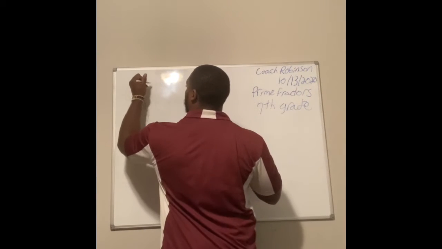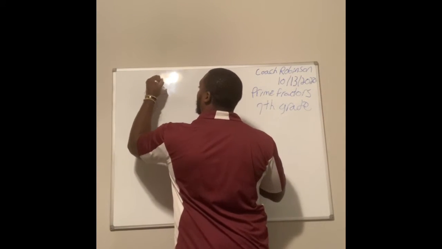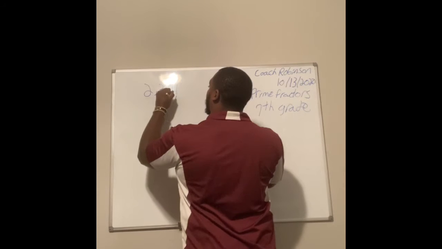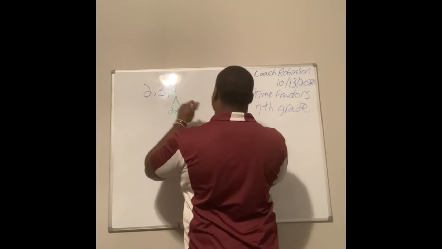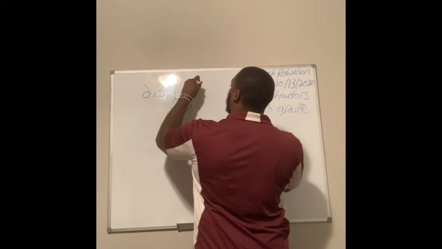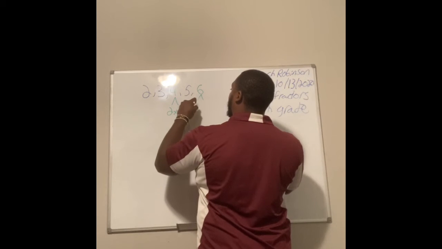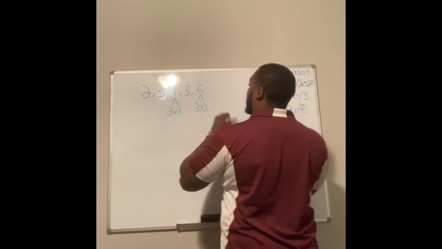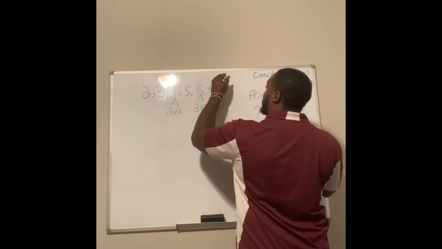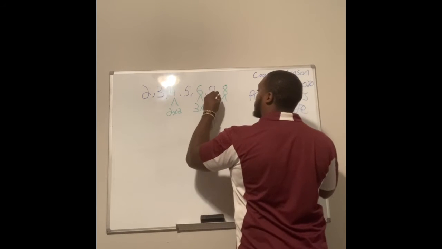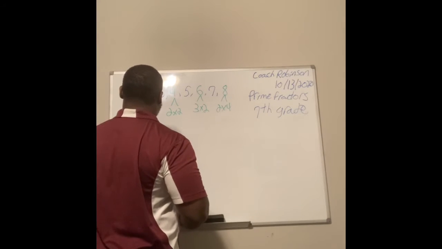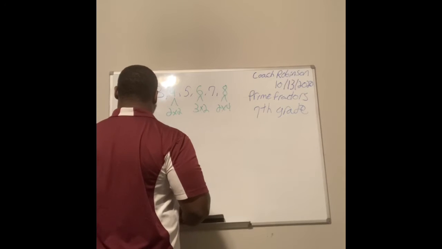So we're going to go 2, 3, the number 4 is a composite number with the factors of 2 times 2. 5 is a prime number. 6 is a composite number with the factors being 3 times 2. 7 is a prime number. 8 is a composite number with factors being 2 times 4. 9 is a composite number with the factors being 3 times 3.